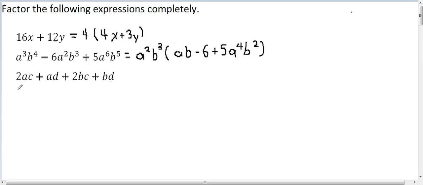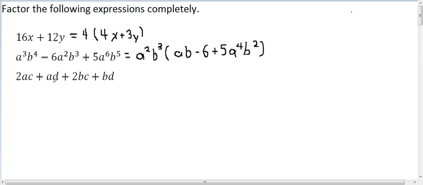If we take a look at the first term, it also has a and c, so let's see if we can factor a or c out from all four terms. This term has an a, but this term doesn't have an a. So a can't be factored out from this entire expression. How about c? This term doesn't have c, so once again that doesn't work.